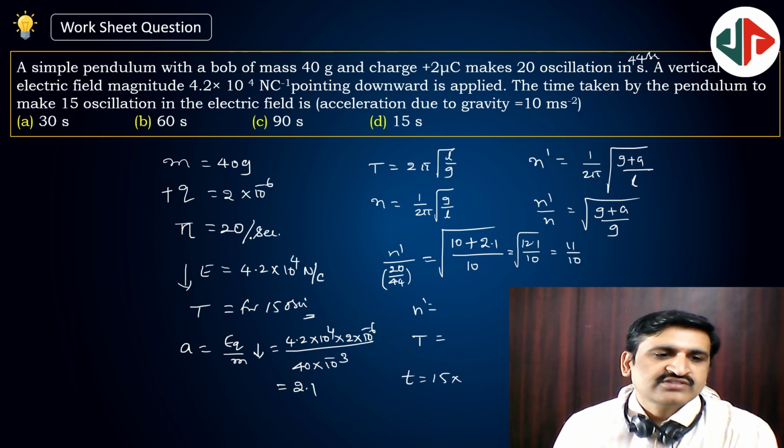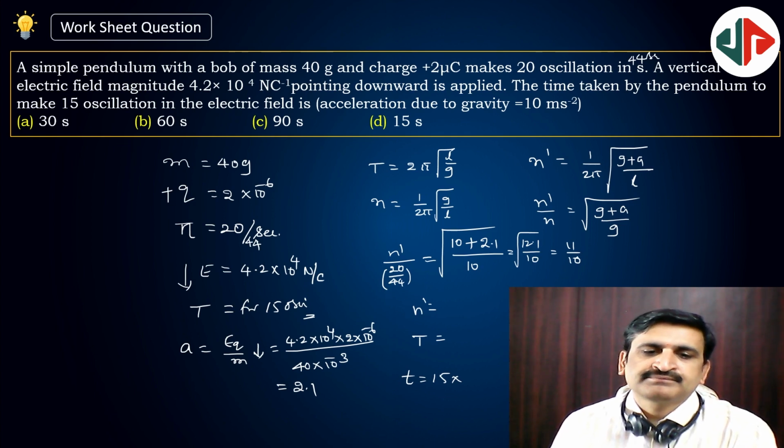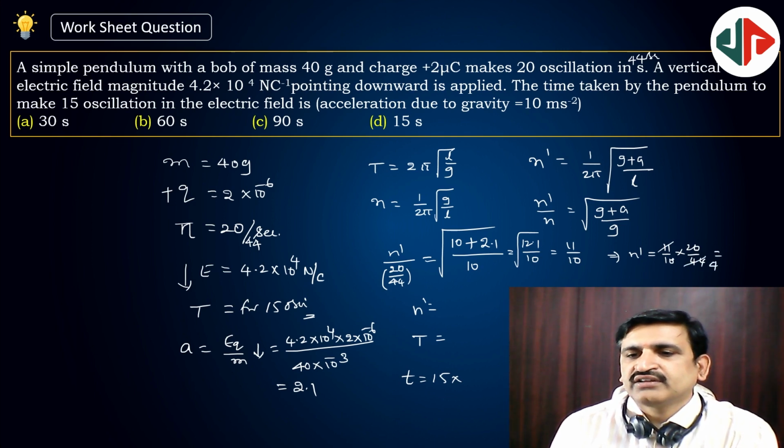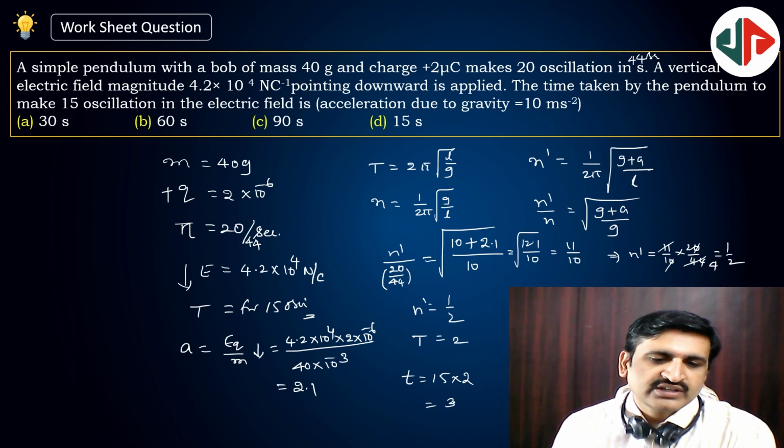If I multiply, then N dash is equal to 11 by 10 into 20 by 40. 11 will go 4 times and 0, 0 will go, it will be 1 by 2. So 1 by 2 seconds, T equal to 15 into 2, 30 seconds.